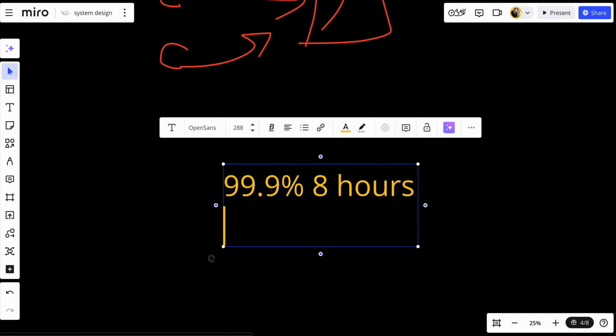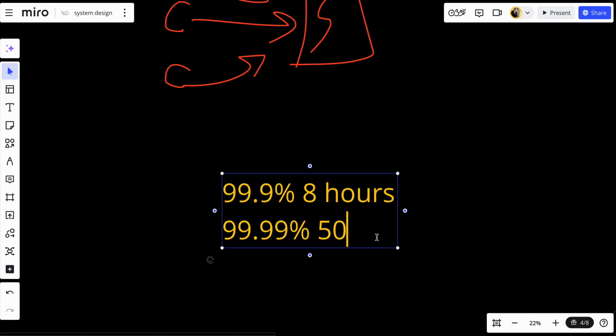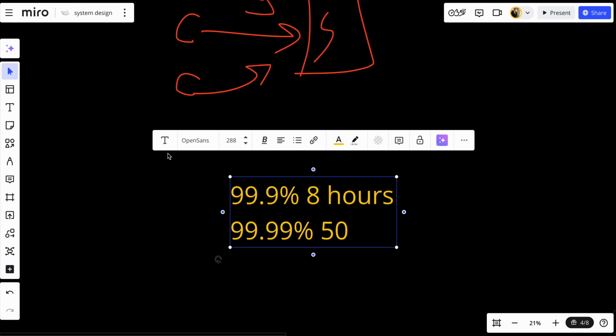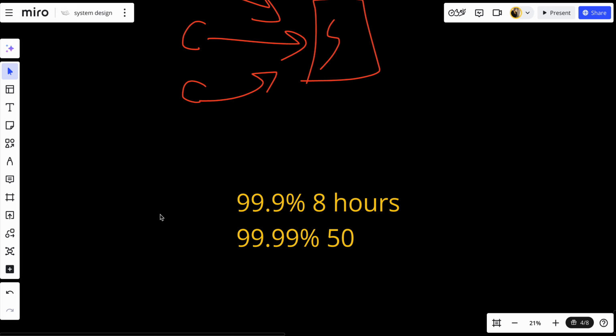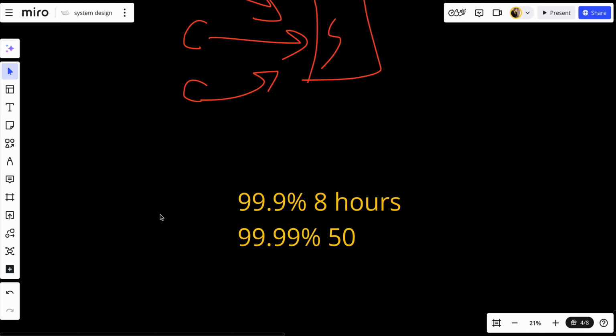Four nines means about 50 minutes of downtime a year. It's pretty important to memorize these numbers because they will likely be used in your system design interview.